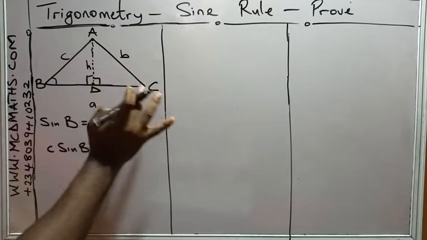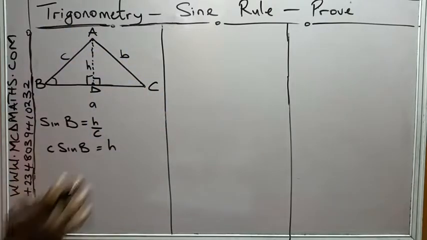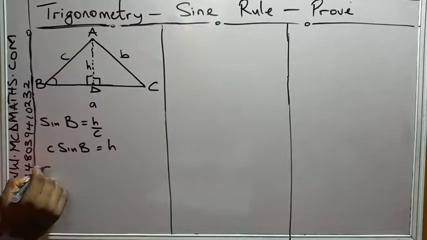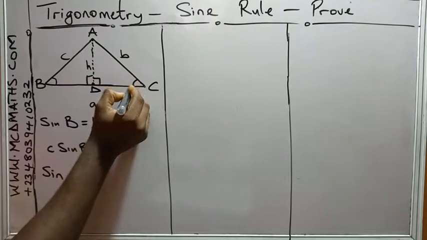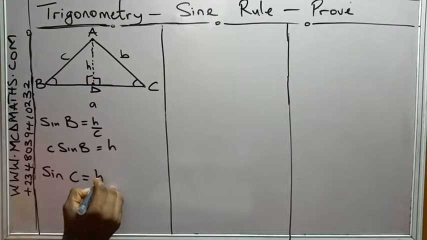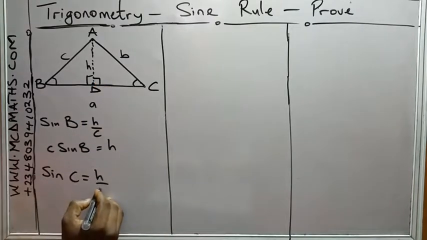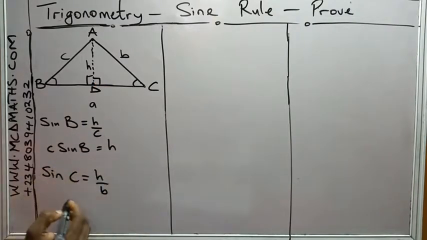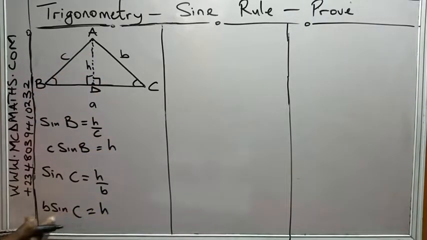Now let's work with this other triangle. Sine C will give you opposite, which is H, over the hypotenuse, which is opposite the right angle, which is B. So rearranging it, B comes here, so we have B sine C gives you H. Now this means that H is equal to this, and H is also equal to this.